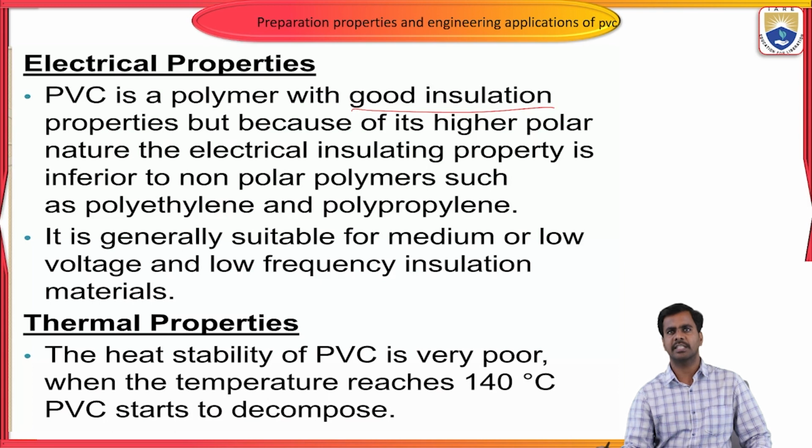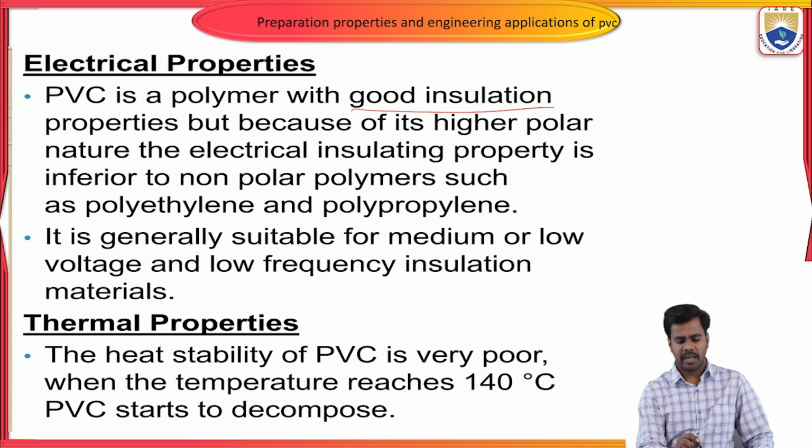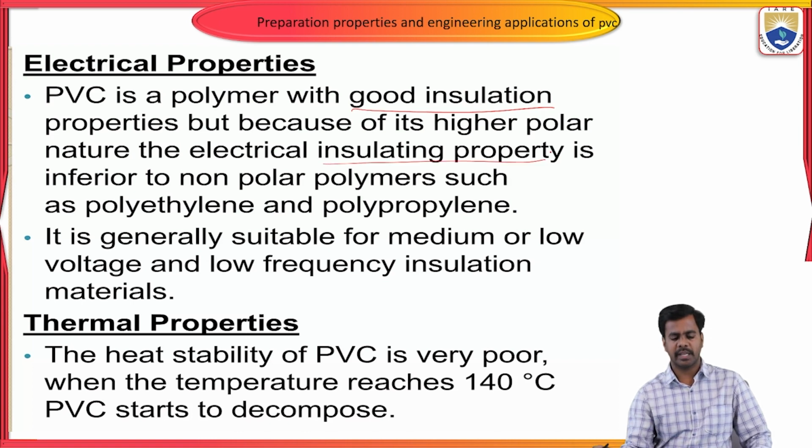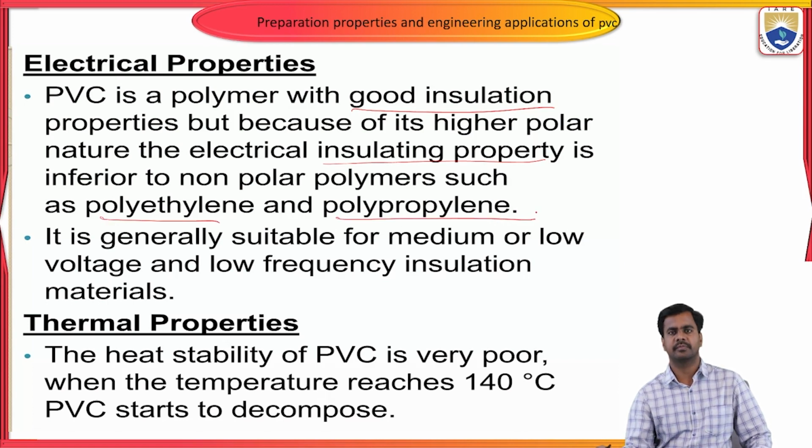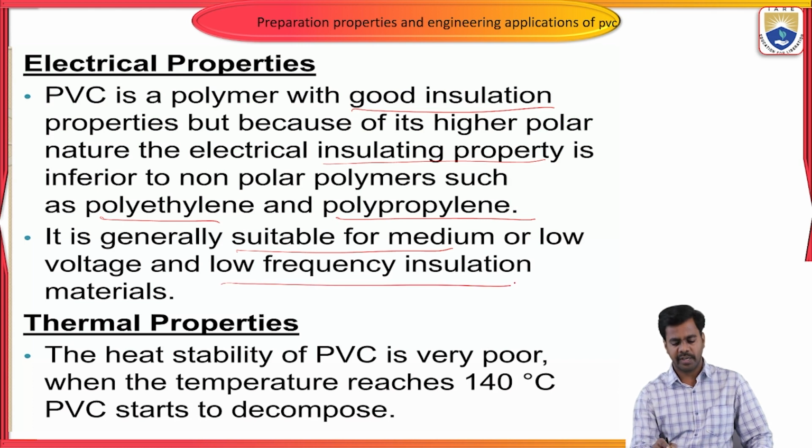But in some cases, because of its higher polar nature, the electrical insulating property is inferior to non-polar polymers such as polyethylene and polypropylene. And it is generally suitable for medium or low voltage and low frequency insulation materials.